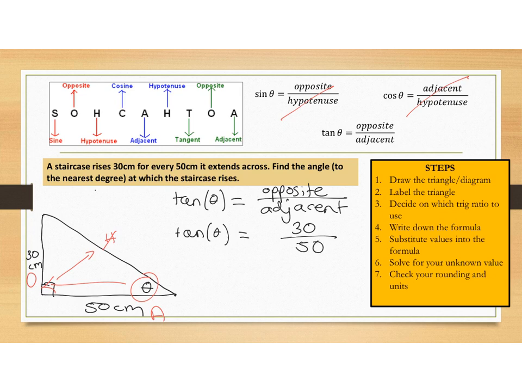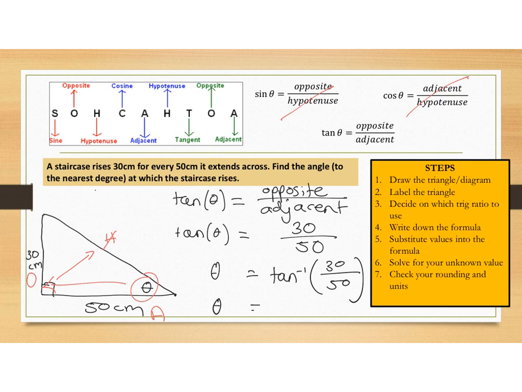And then remember, this is a type 3 question, so we're going to take the inverse of tan. So we're going to be left with theta equals the inverse of tan 30 over 50. And if you're using the green calculator, you're going to press the second command, and then tan, and then enter that 30 over 50.